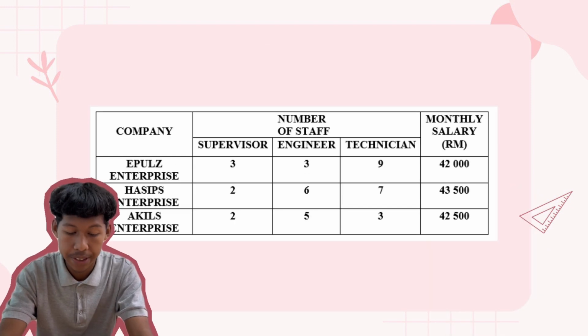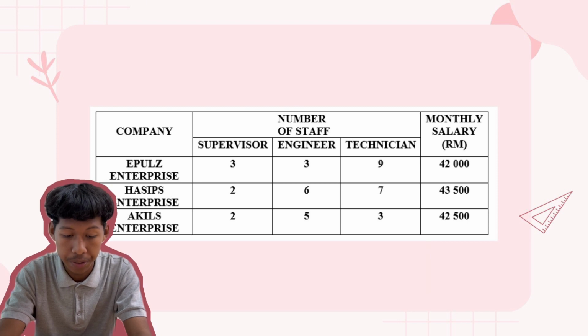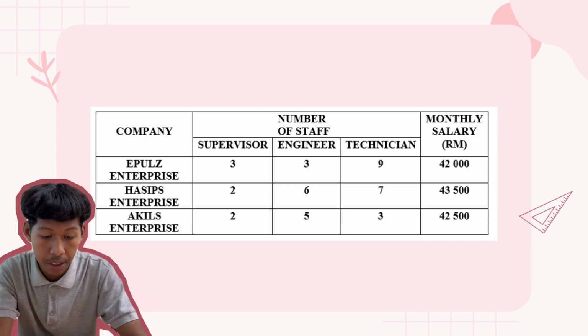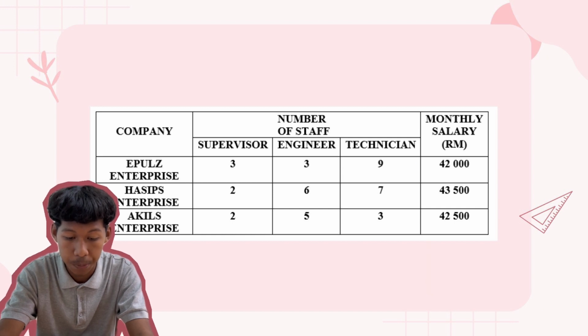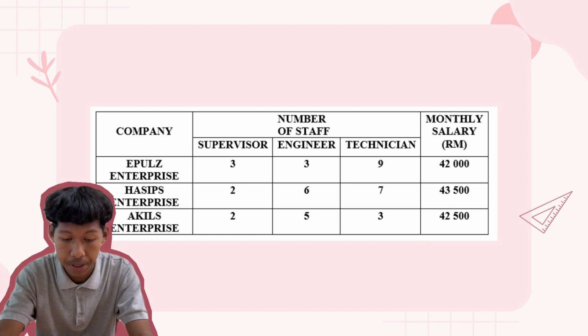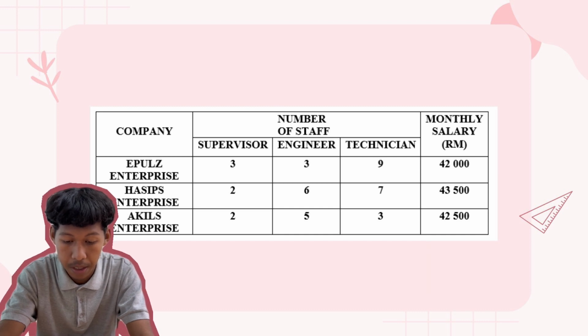Now, let's look at the table. We have three different companies. The first one is Apple's Enterprise, which we have 3 supervisor, 3 engineer, and 9 technician, which the total monthly salary for all the staff is 42,000.